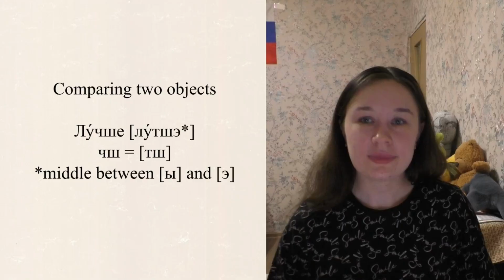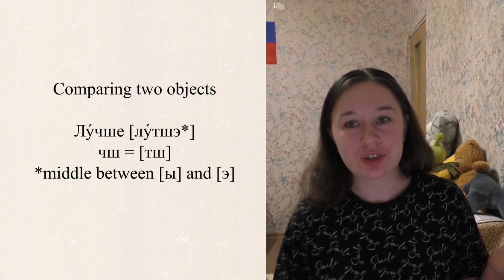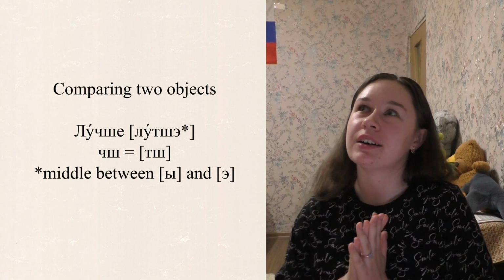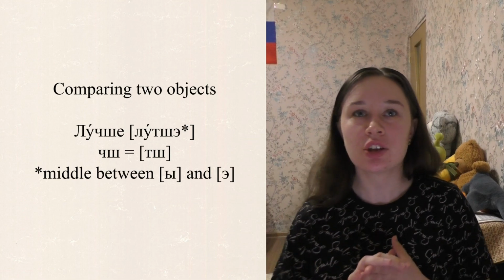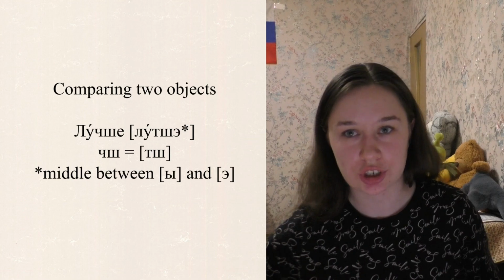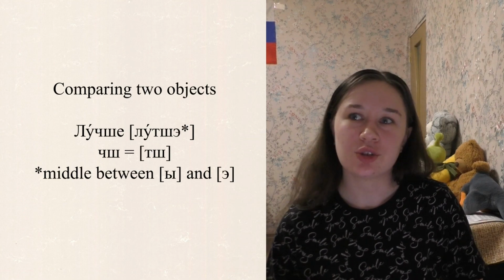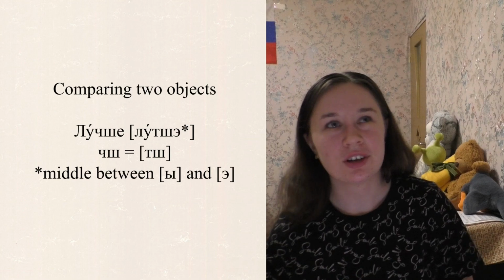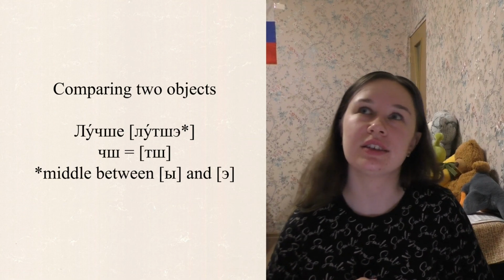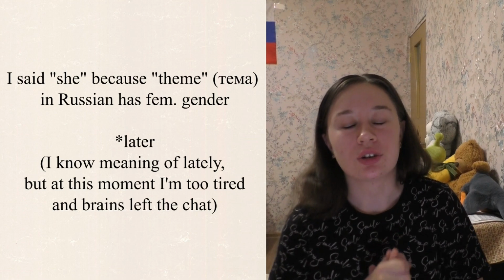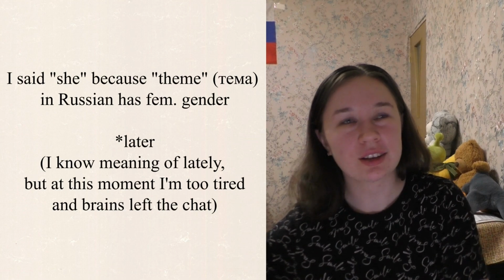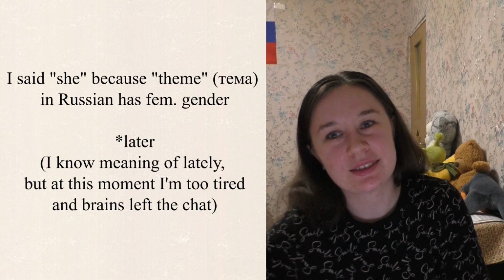Examples with materials from which objects are made and countries will be in the next lesson. And the last function is comparing two objects. I show you an example with the word better. In Russian it will be лучше. I do it for better understanding, because the theme of adjectives is more difficult and I will talk about it later, maybe even in the second season, so not now.